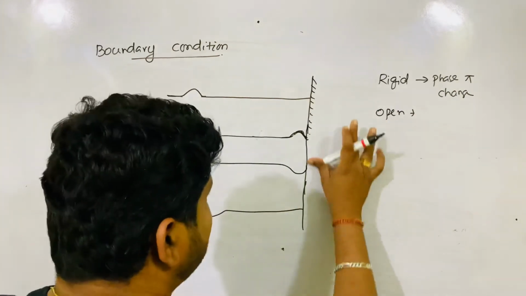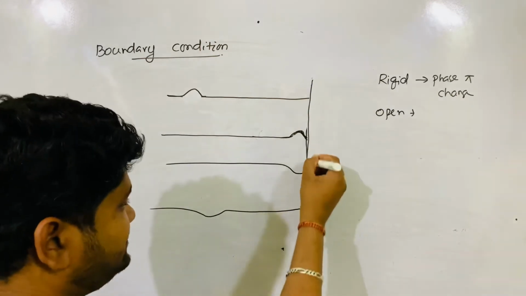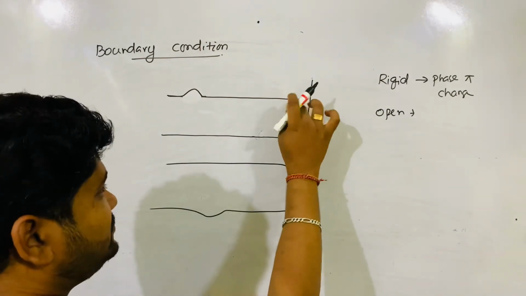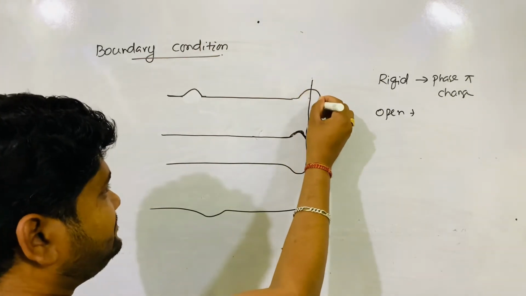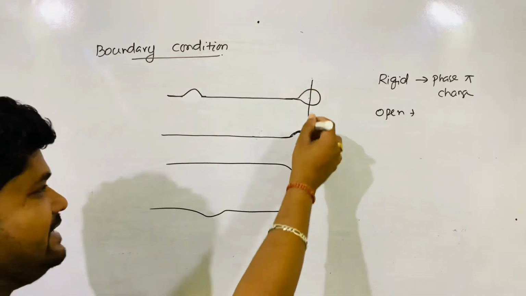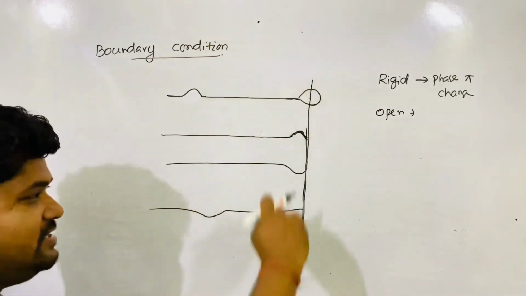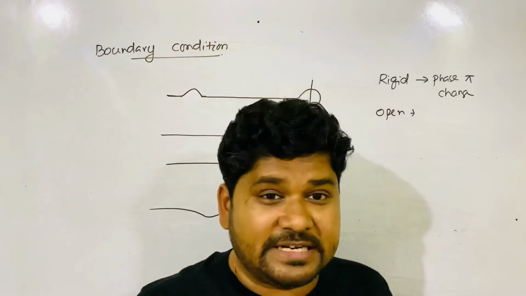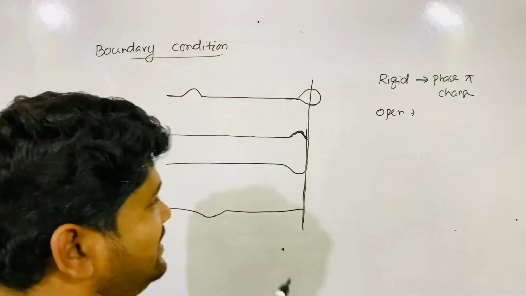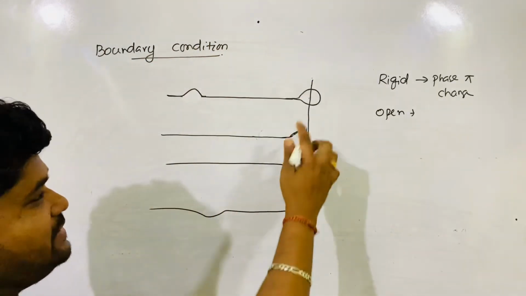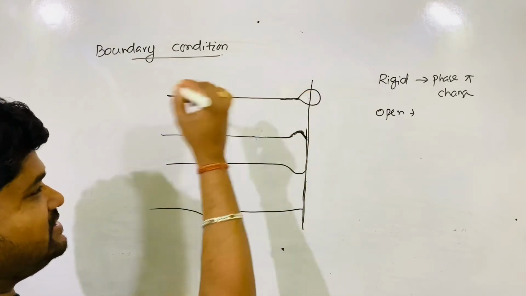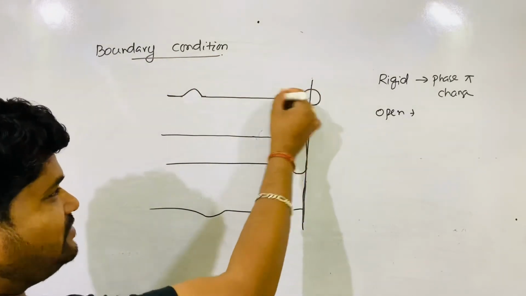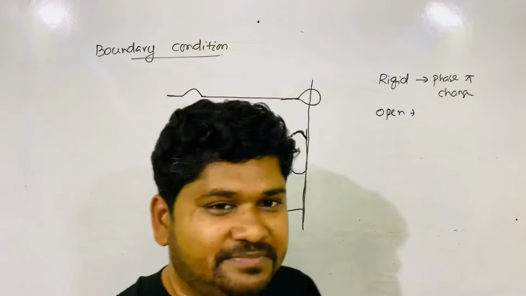Suppose you take a rod, then you tie one ring here. This is a ring which can move on this rod without any friction, and with the ring the string is attached.